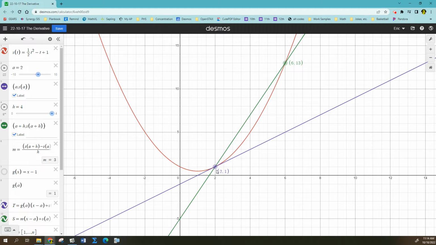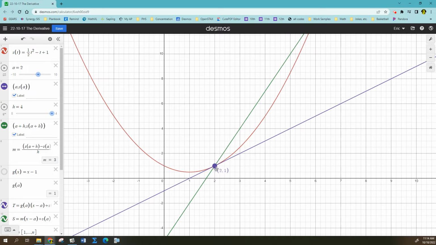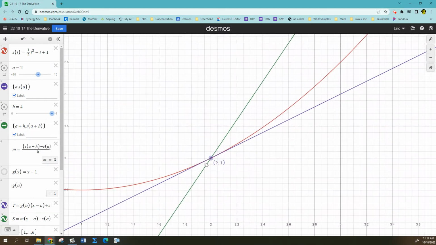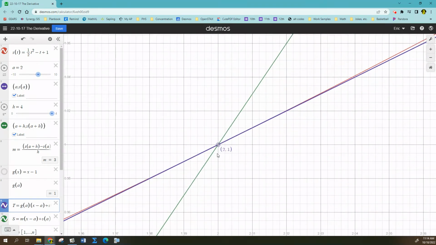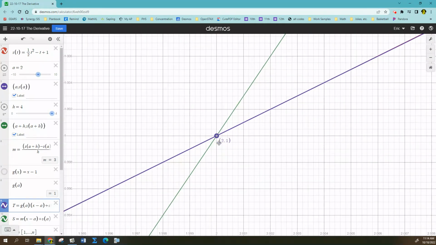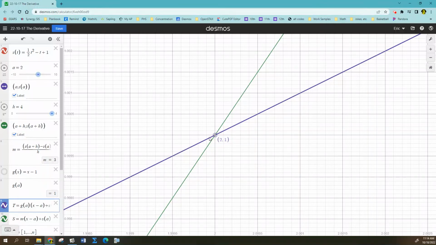Well, it's a property of a tangent to the function then. And if I were to zoom in, this is what we saw yesterday, as the curvature of the red function disappears, you can see that it begins to more and more closely be approximated by that tangent line. So they do indeed share the same slope. Okay?